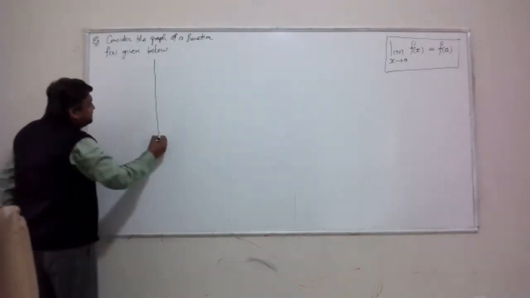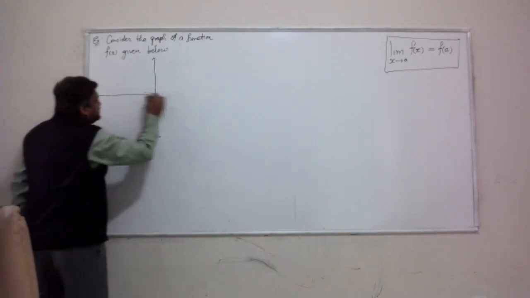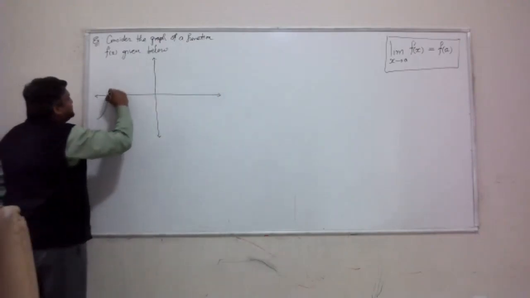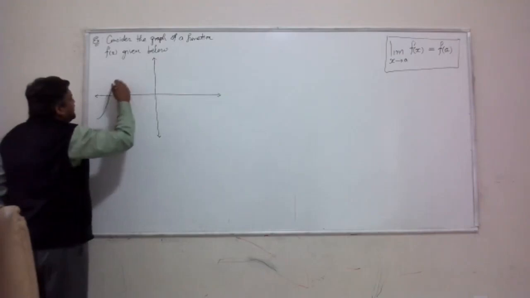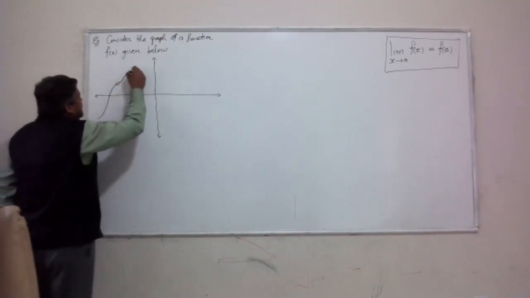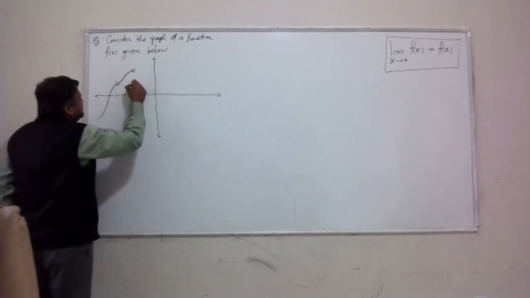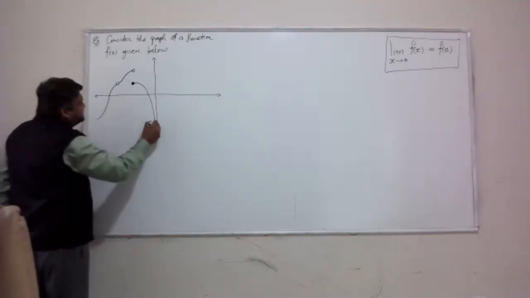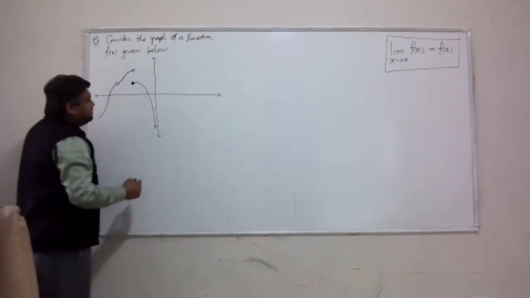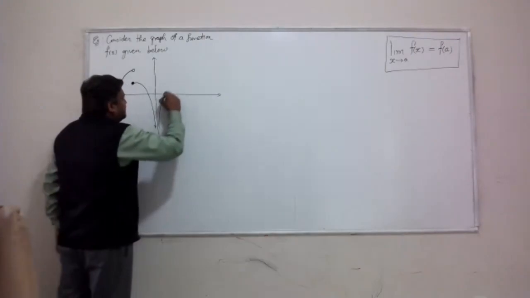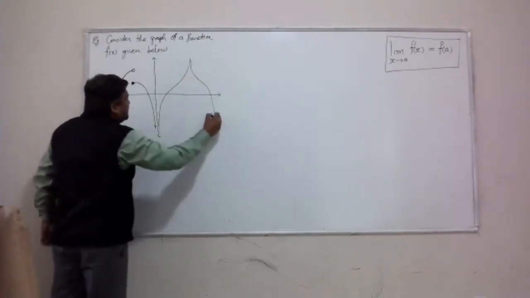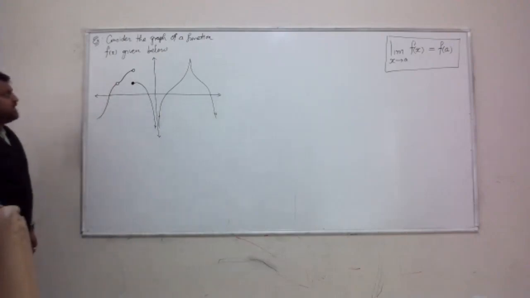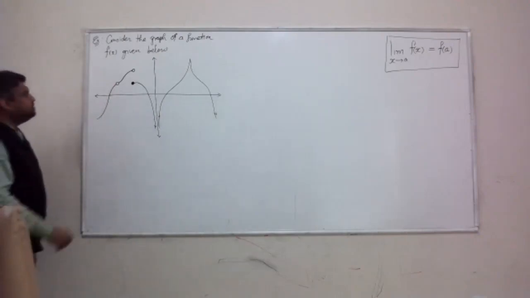Let's say this is how the graph of a particular function look like. Suppose the function experiences a hole at particular input. It also experiences a jump at one more input. It experiences a vertical asymptote at a particular input. And let's say it experiences a sharp corner at one more particular input.